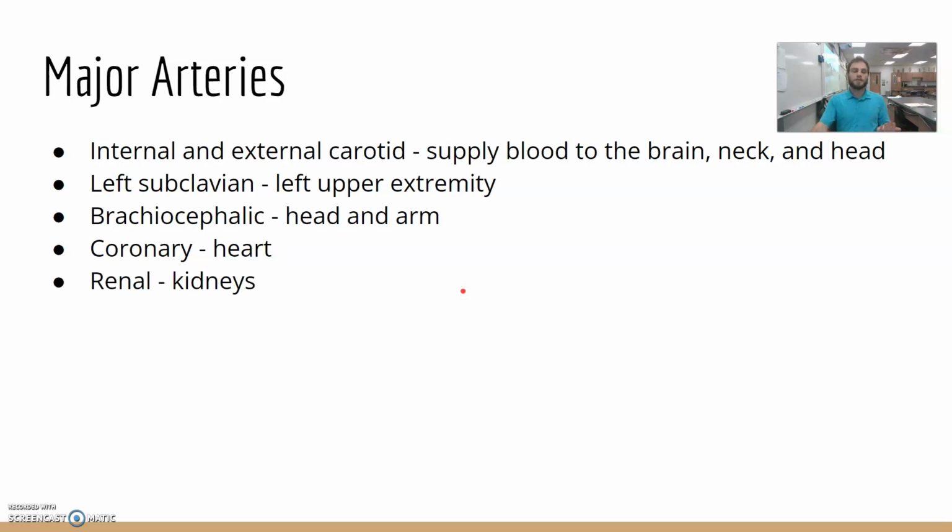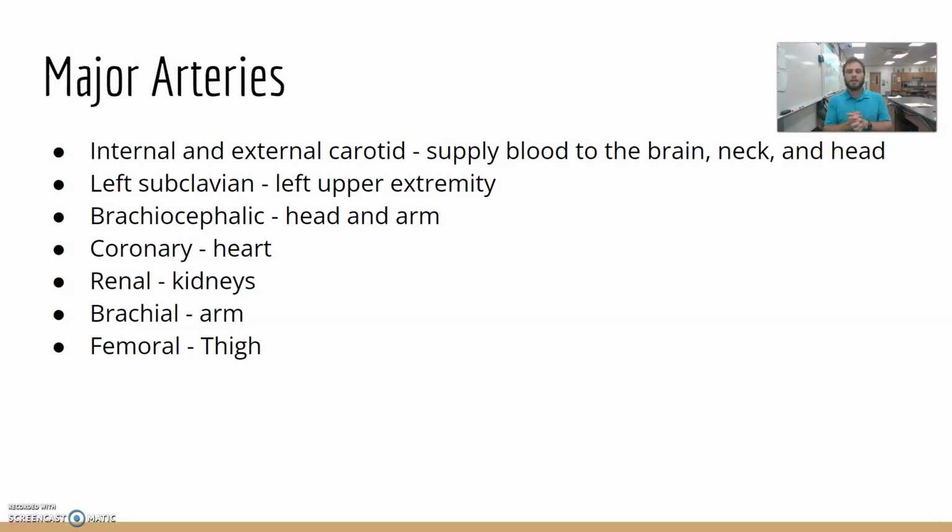The renal arteries are headed to the kidneys. We'll get into the urinary system later this semester. The brachial artery is going to supply blood to the arm, and so you can tell it's going to come off of the brachiocephalic artery as one of the branches and be specific to the arm. Femoral artery, referring to the femoral region, the femur, the thigh region.